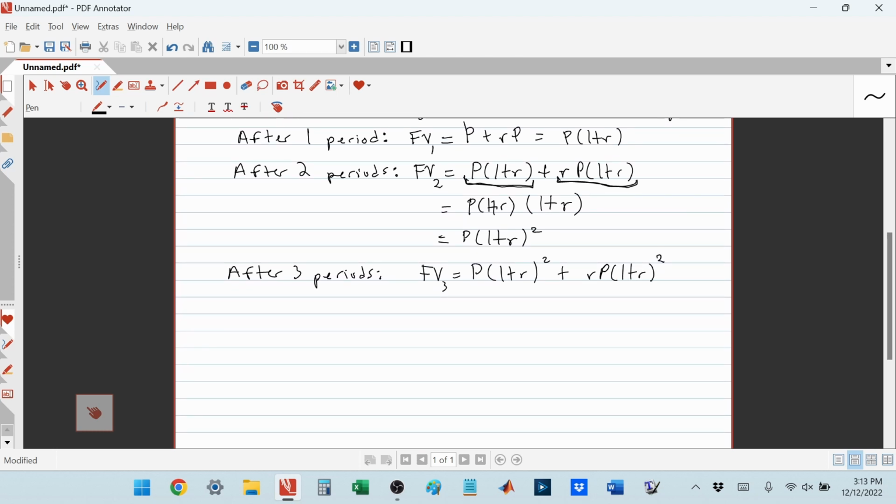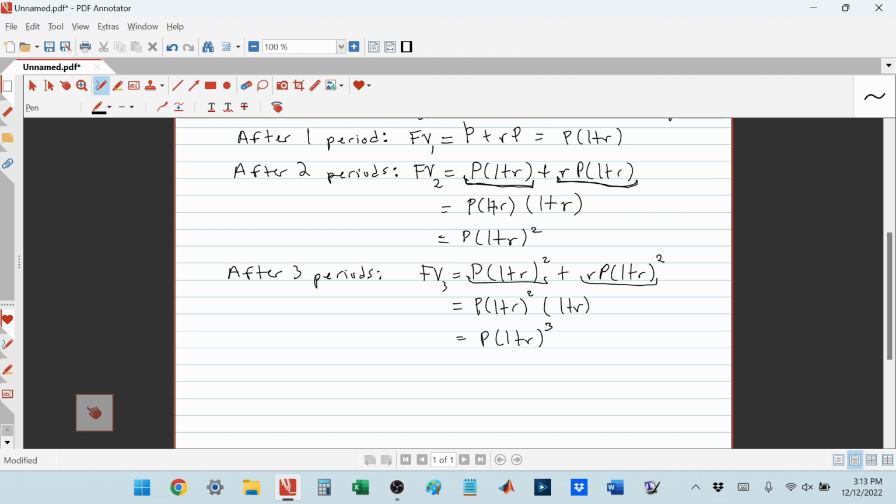And interest is earned at a rate of R. So at the end of the third period, your account, what's common to both of these terms? A P plus 1R, a P times 1 plus R squared, and we multiply that by 1 plus R, which is the same thing as P times 1 plus R to the third. So after 3 periods, the future value after 3 periods is this.